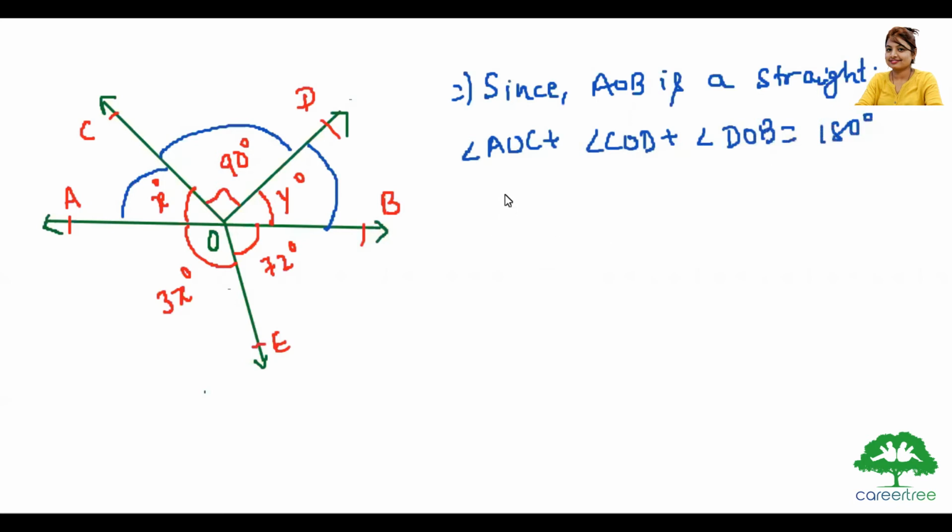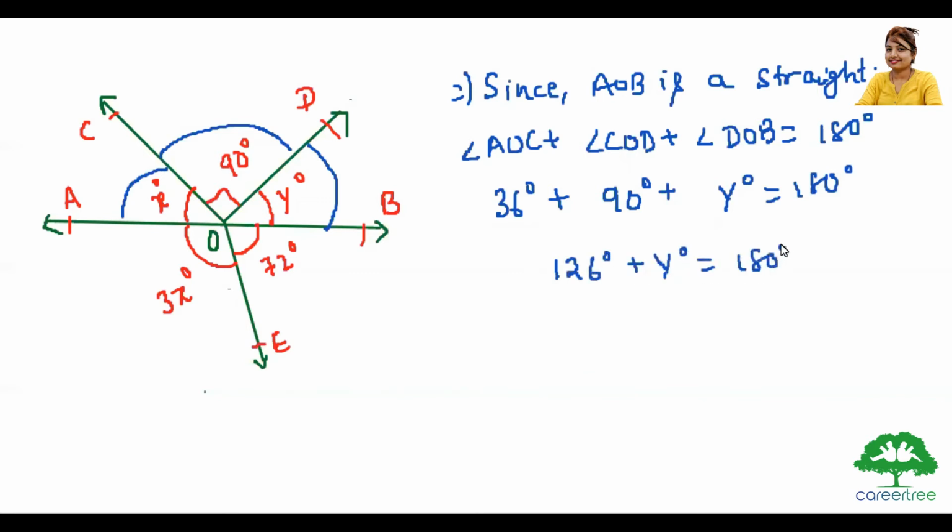Angle AOC is x degree, which we found to be 36 degree, angle COD is given as 90 degree, and angle DOB is y degree. So 90 plus 36 gives 126 degree, plus y equals 180. So y equals 180 minus 126, which equals 54 degree.